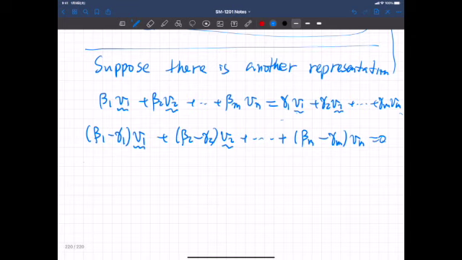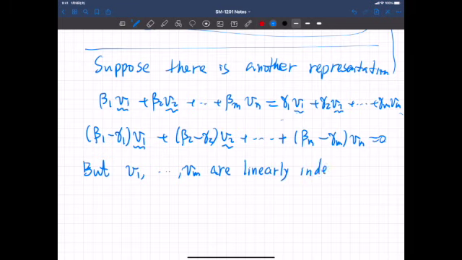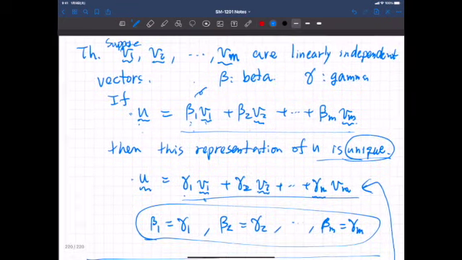Okay, but v1 up to vm are linearly independent. This is a given condition, right?